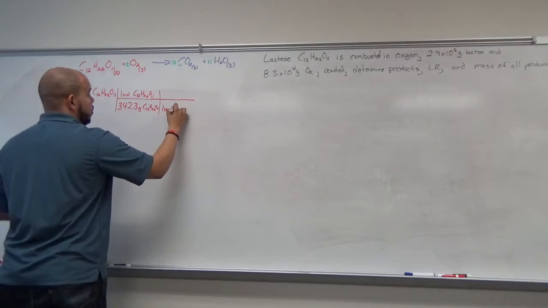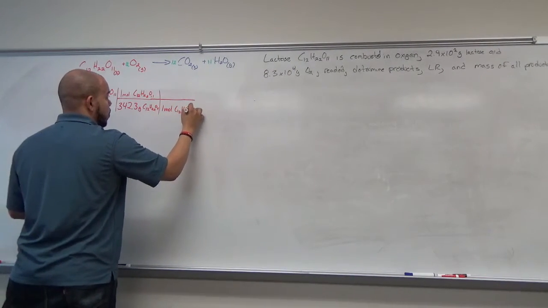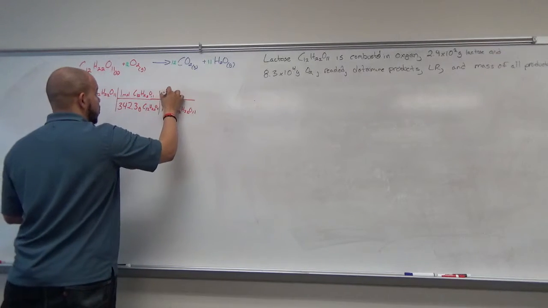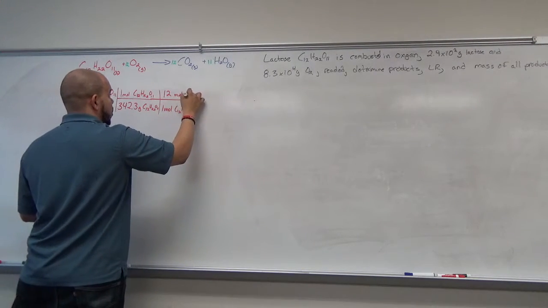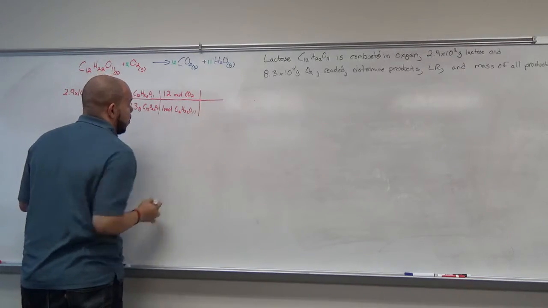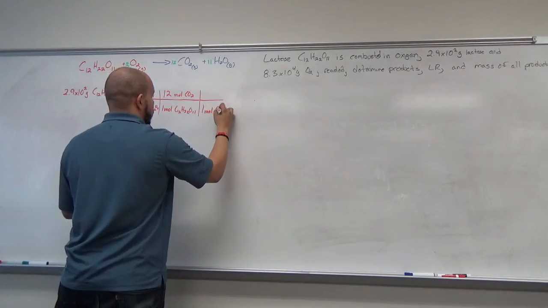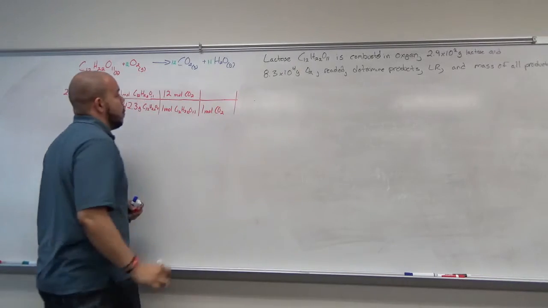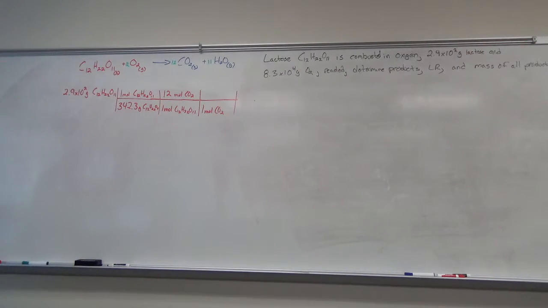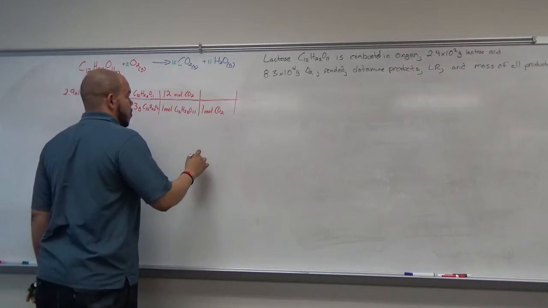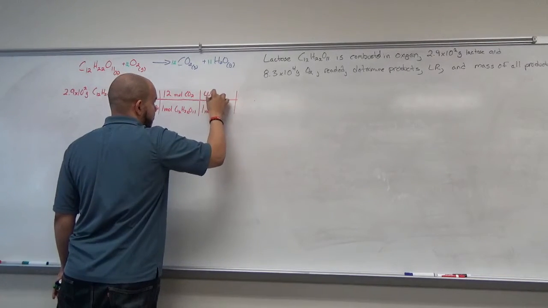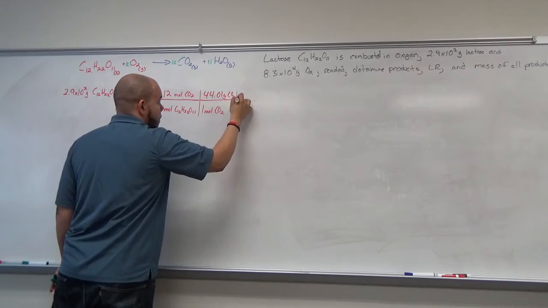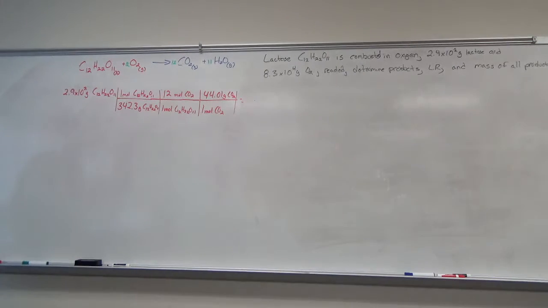One mole C12H22O11, and we'll start with CO2 first, that's fine. 12 moles of CO2 for 1 mole of CO2, which is 32 plus 12.01, 44.01. And there's your mass to mass conversion for one particular product, for one particular reactant.